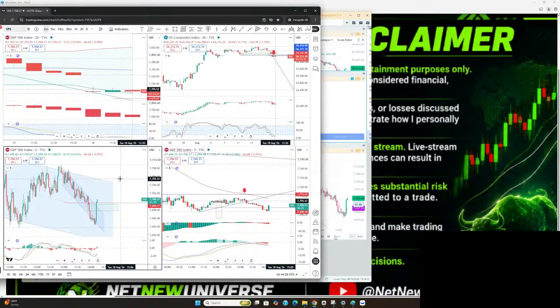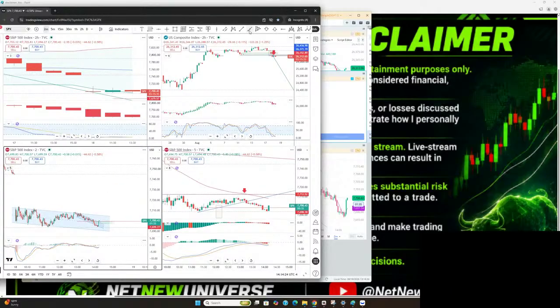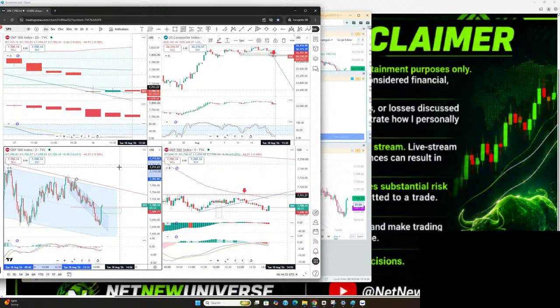The better entry would be to wait at least until you see the trend lines formed on this. You're already almost close to 2 hours left, so 2 hours left.